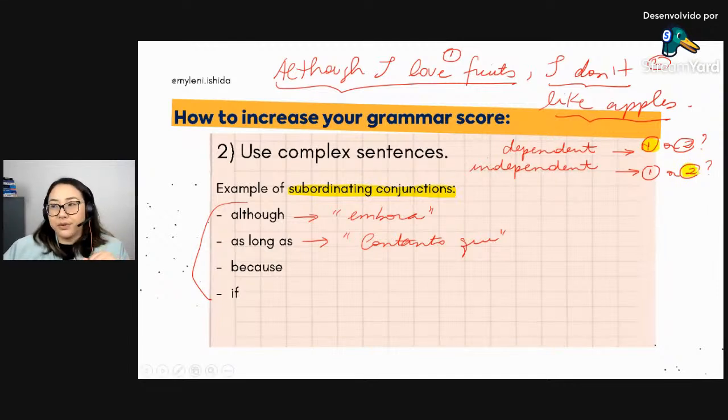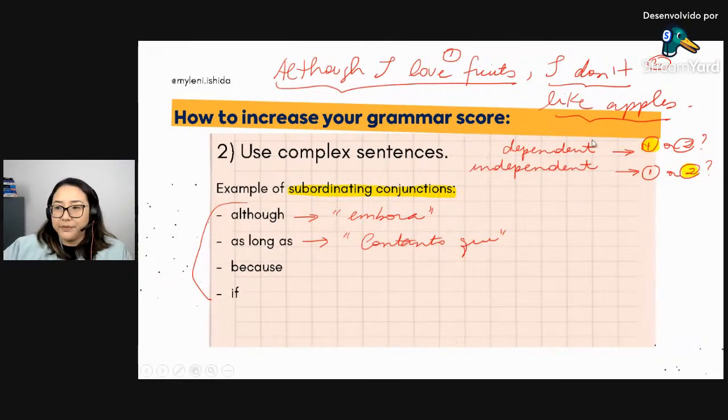Because if I say to you, I don't like apples, okay, you understand, right? But if I say to you, although I love fruits, and then I stay silent, you have to continue, okay? You need to say something else. That's why number 1 is dependent. Although I love fruits, I don't like apples, right?